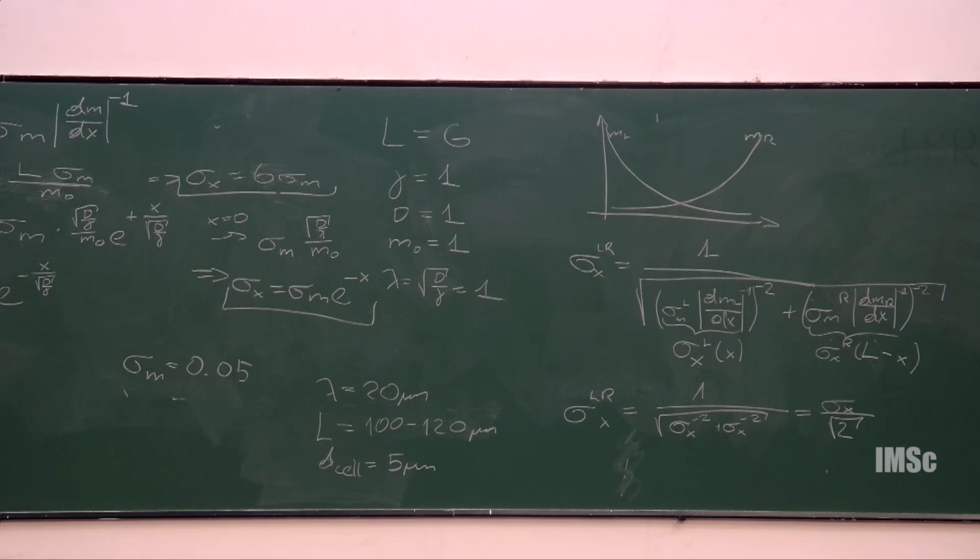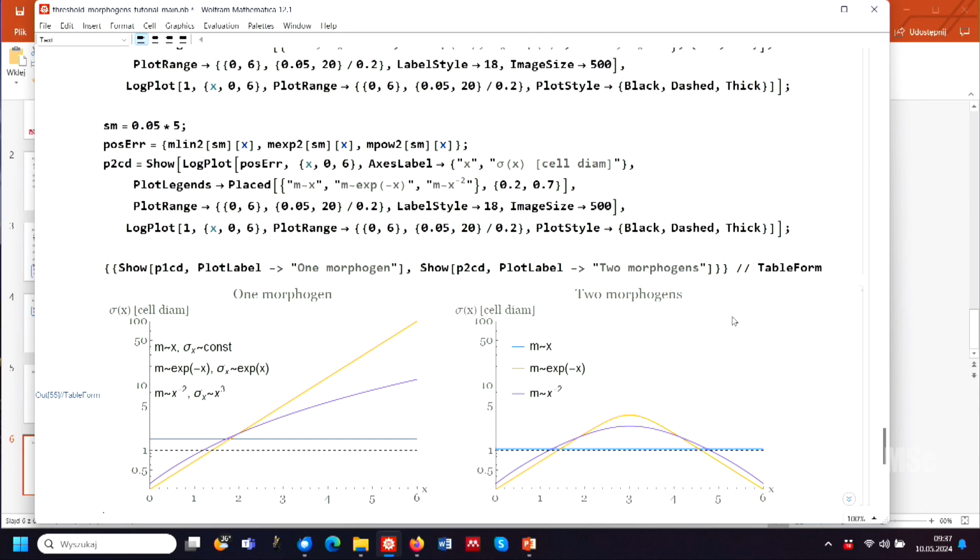And so you could show that, and also the error there might be slightly smaller or larger, but it proves that just by having 2 morphogens, you could significantly reduce your positional error and make it, in this case maybe not uniform, but at least very close to this, not single, but plus or minus 3 cell diameters will work.